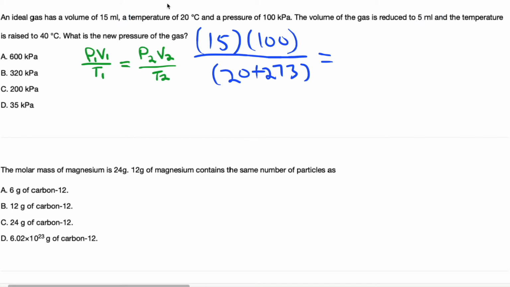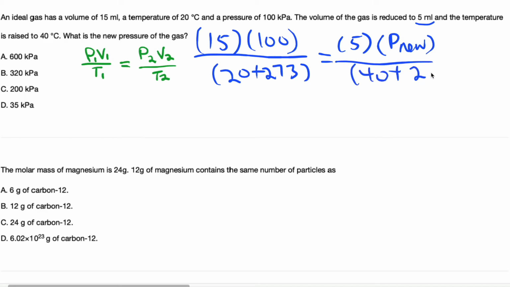So I'm not going to do the unit conversion here for the simplicity of calculation. And the other side, the volume is 5 multiplied by pressure, which is what the question is asking for, divided by their temperature. Remember to convert that to Kelvin. So we are asking what is the value of pressure here.